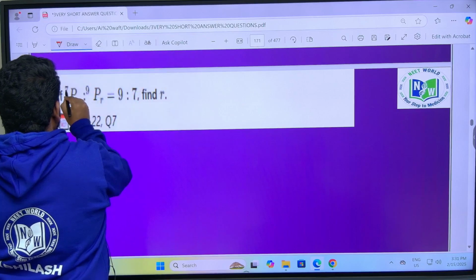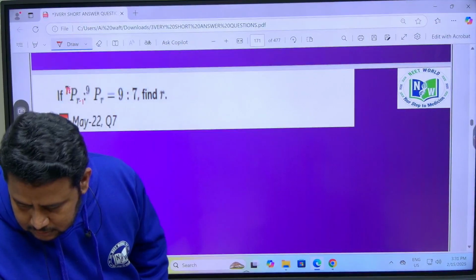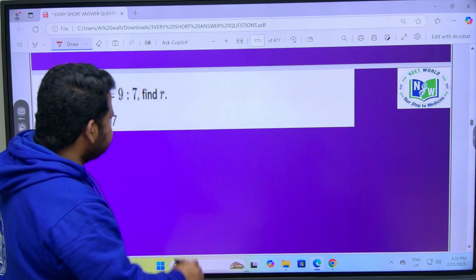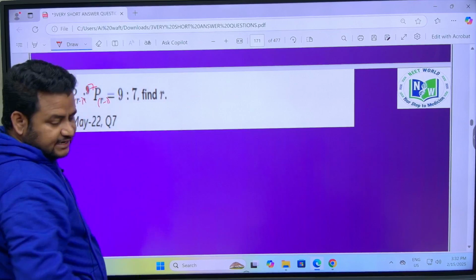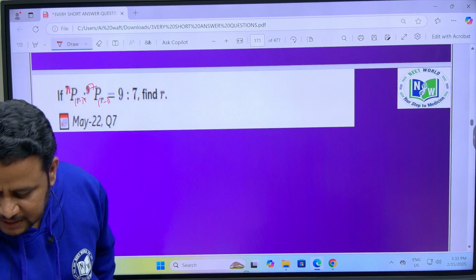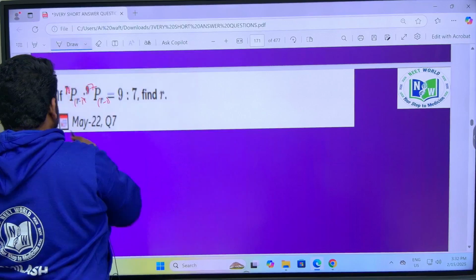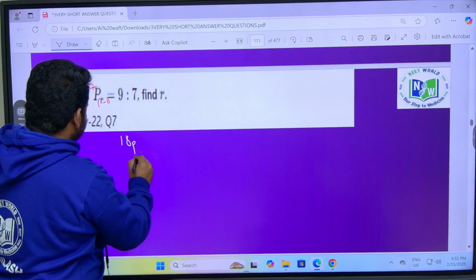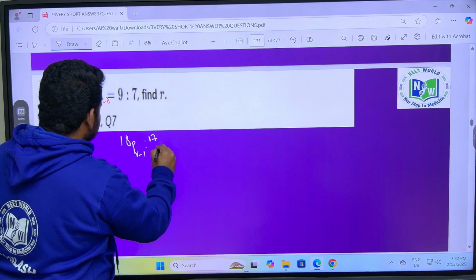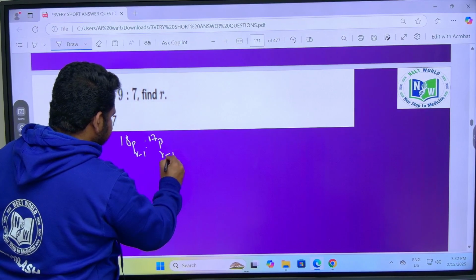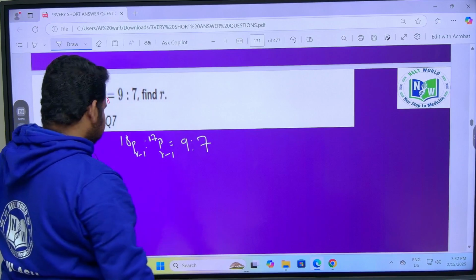This is 18P r minus 1 is to 17P r minus 1 is equal to 9 is to 7. Find r. That is the question. So they are asking us to find r.